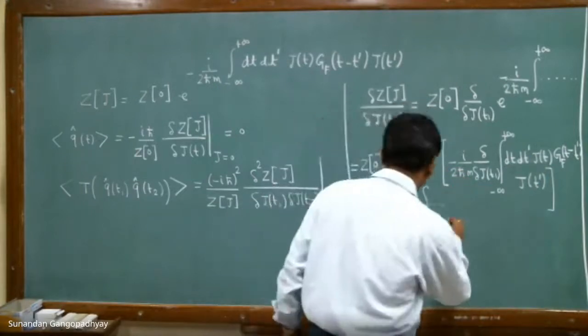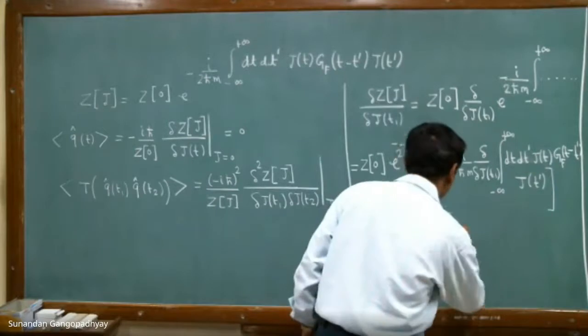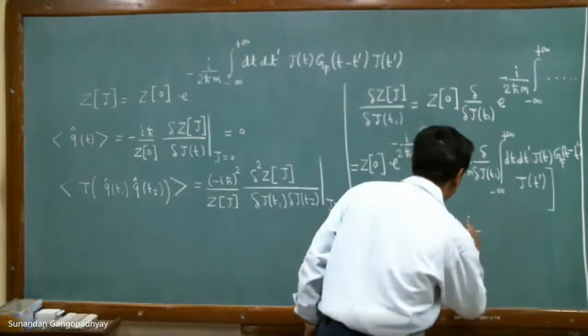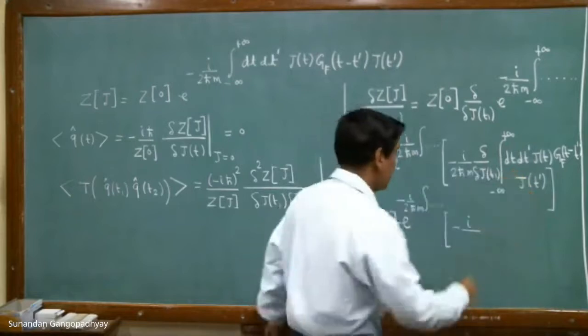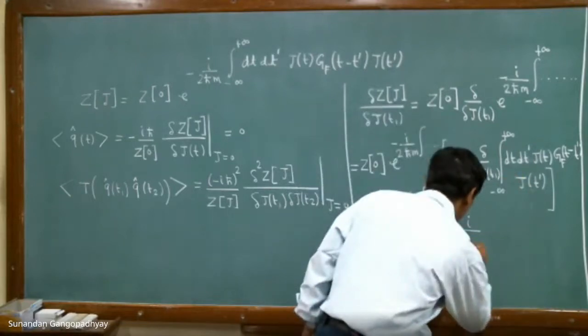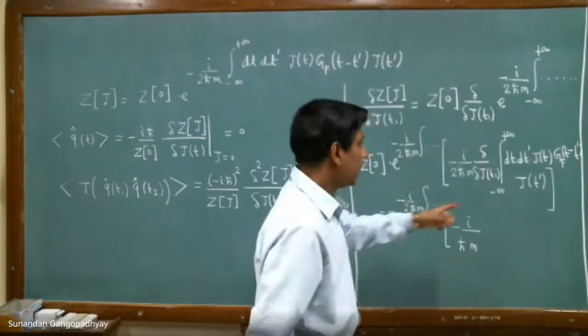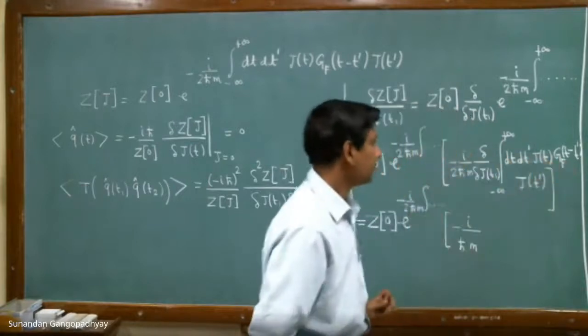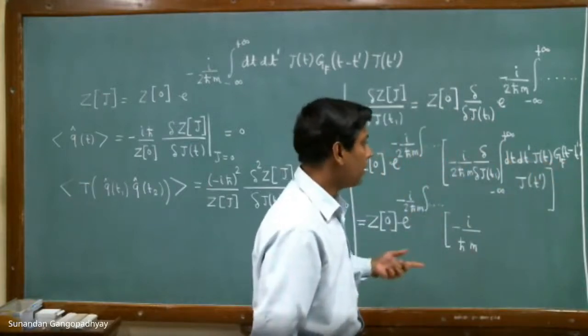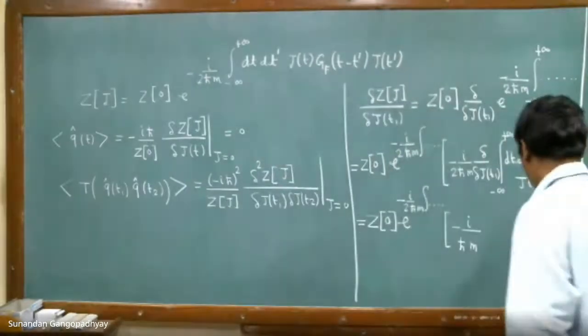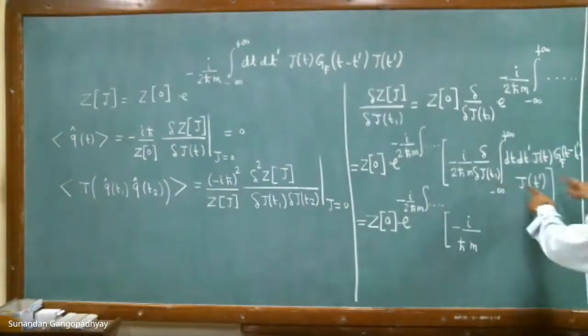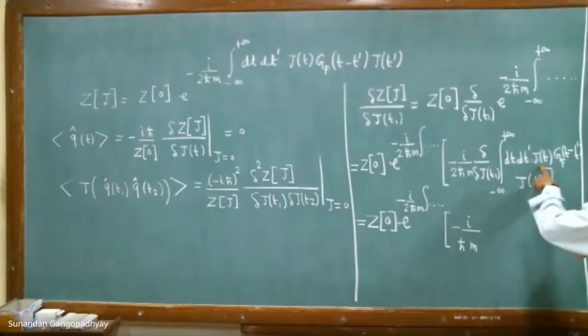So after you do the calculation, you get minus i, this 2 and the contribution from this 2 will cancel, and therefore you will have minus i over h bar m, and there will be a delta function here. And when you perform the delta function integration, one J will remain. Suppose I take the case when this acts on this thing; this will give a delta t minus t1.